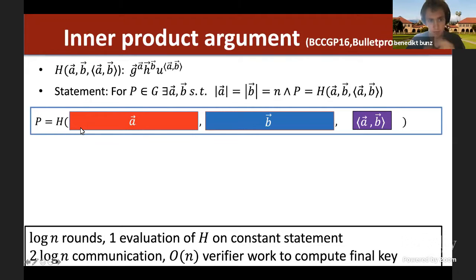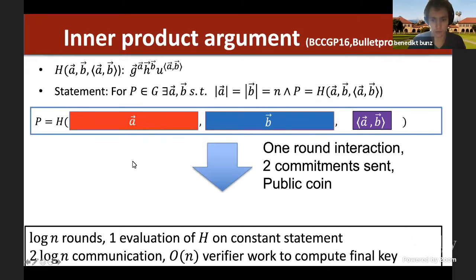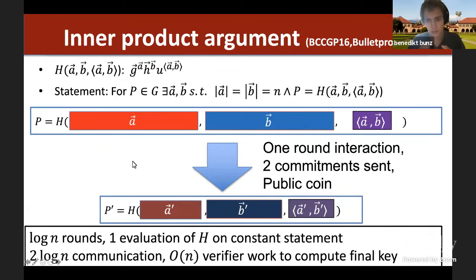Bulletproofs at a very high level works by reducing a statement of size n about vectors A and B to a statement of size n over 2. You have a one-round interaction with a verifier in which the prover sends two commitments and the verifier sends one challenge.